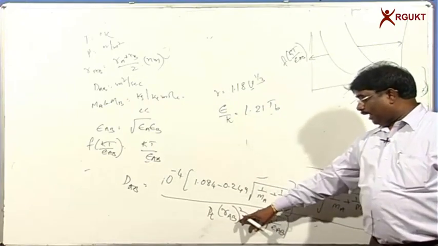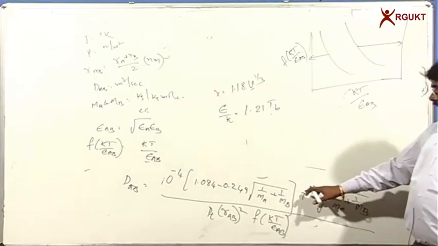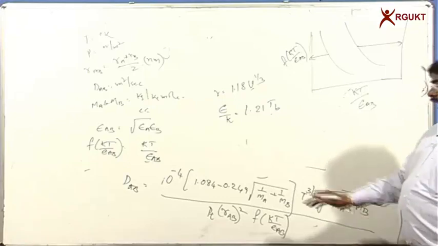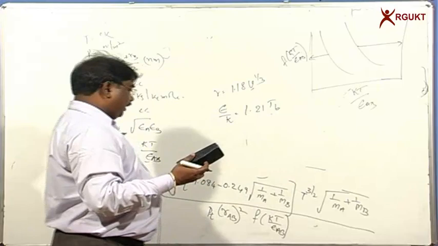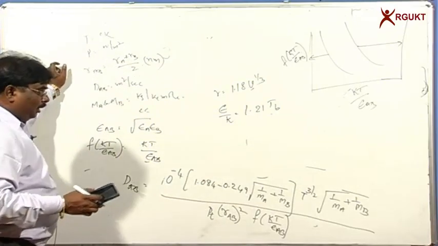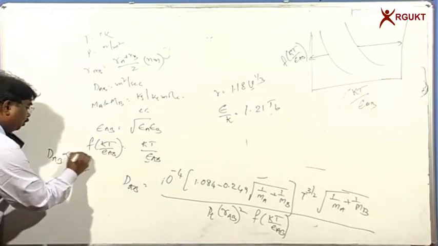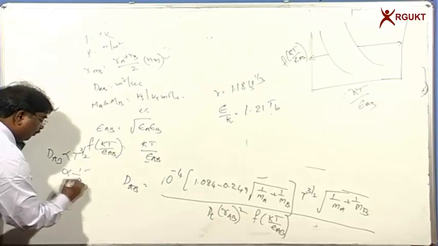In this equation RAB, f of kT by epsilon AB, molecular weights, total pressure and temperature are all known, so one can calculate the diffusion coefficient of component A in B. According to this equation, the diffusion coefficient is directly proportional to temperature T to the power of 3 by 2, and inversely proportional to pressure P.